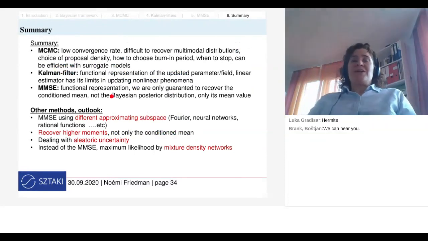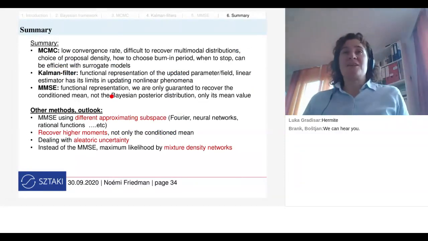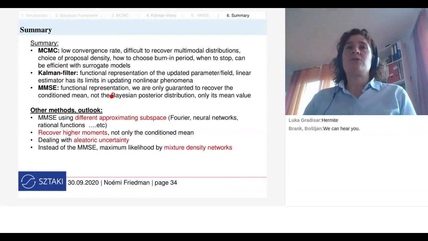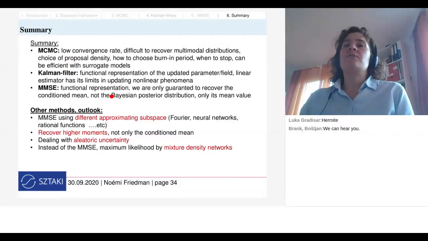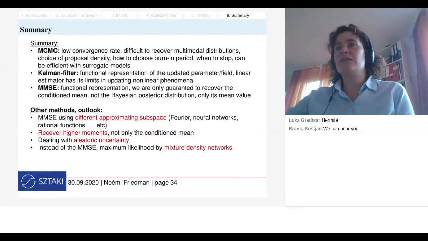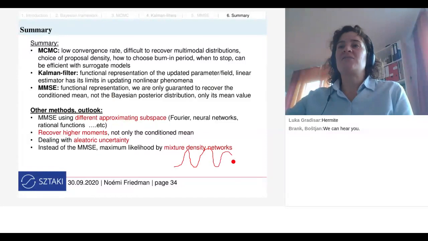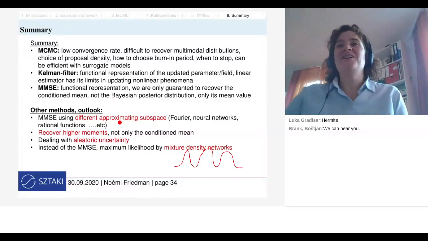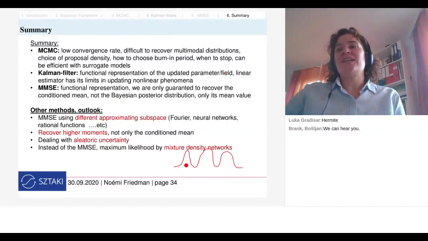So to sum up, MCMC has the disadvantage that it's a Monte Carlo method. It has a low convergence rate. It's sometimes difficult to recover multimodal distributions. Multimodal distributions are distributions with not only one peak, but several peaks, something like this. For example, this is a multimodal distribution, because you have to jump over between this and that point.